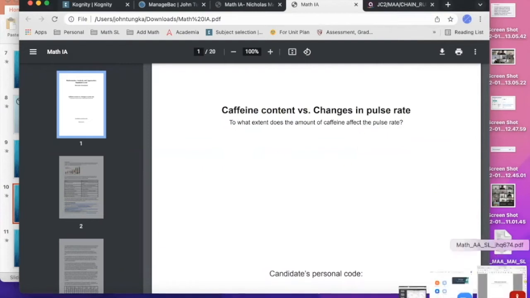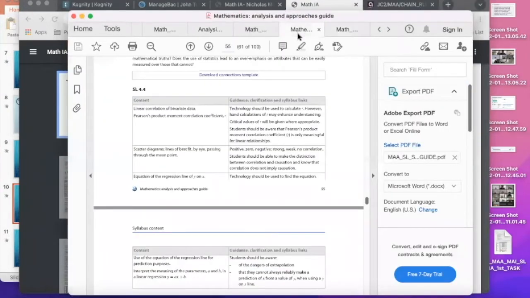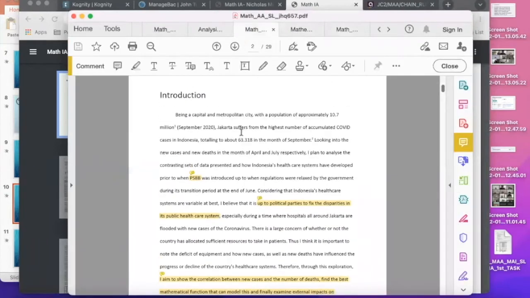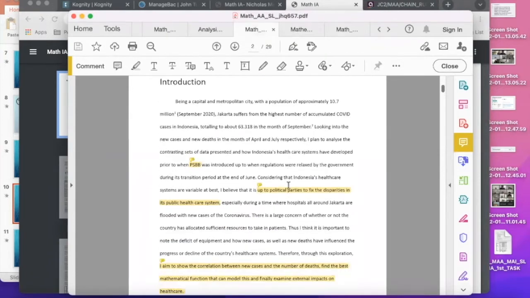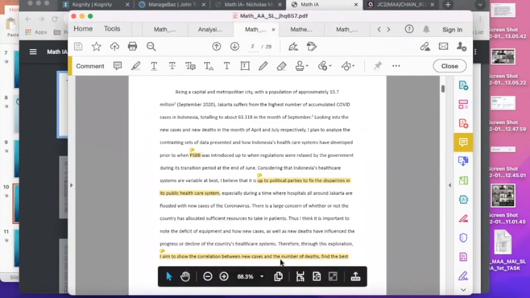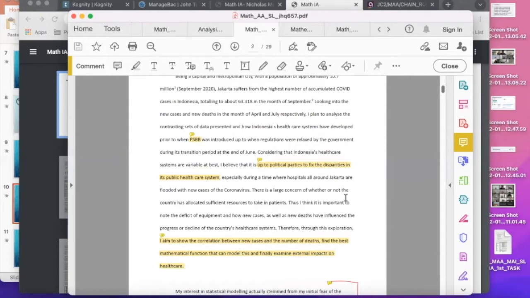For example, if you look at this example here, this is the work from a previous year, and this is the student's IA, which is about the modeling of statistical data in relation to COVID-19 and its assessment on healthcare. If you look at the first paragraph, the student provides information that can help readers transition to your exploration.